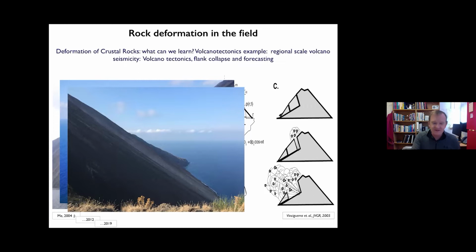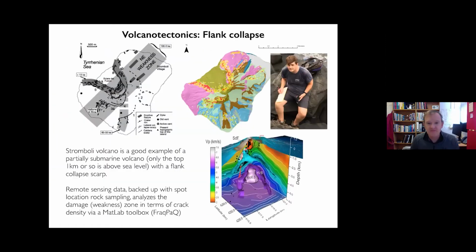We managed to get over to Italy in 2019 to collect some new data, and this time looking from the other side of that flank collapse. So the last picture was over from this direction, and now we're looking from the other side. So it's a volcano which a lot of people have studied. We are just one of them.